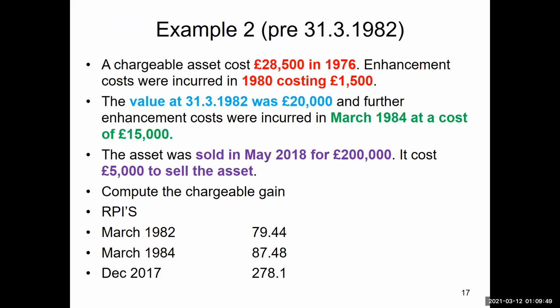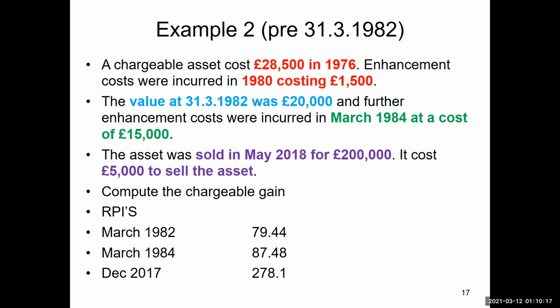So a chargeable asset cost $28,500. We bought it in 1976. We enhanced this in 1980 at a cost of $1,500. As at 31st March 1982, the value of this asset is $20,000. But we further enhanced or modified this asset at a cost of $15,000 in March 1984.